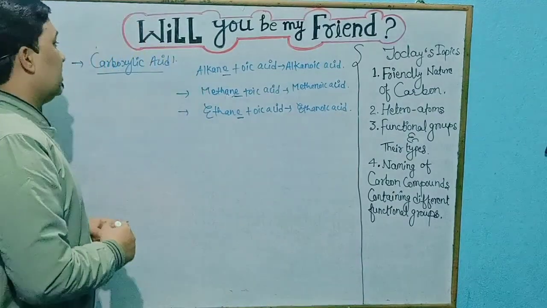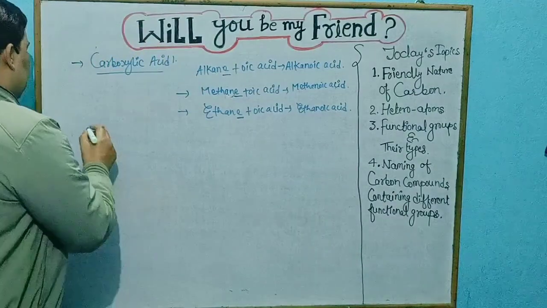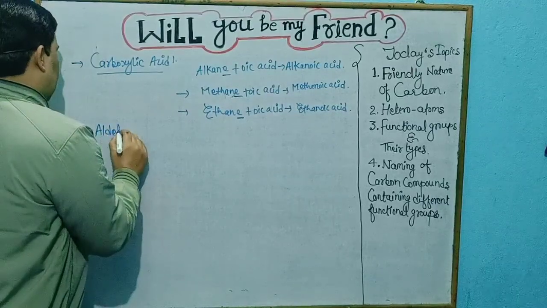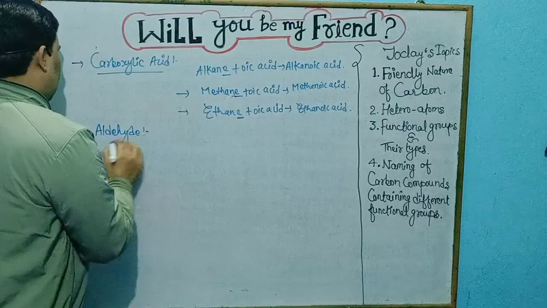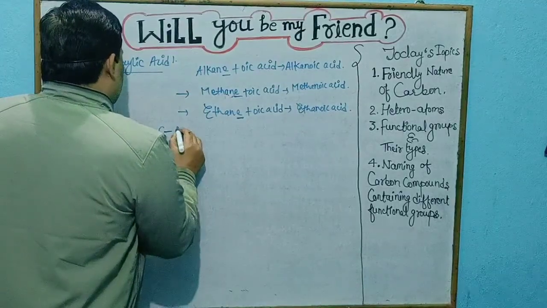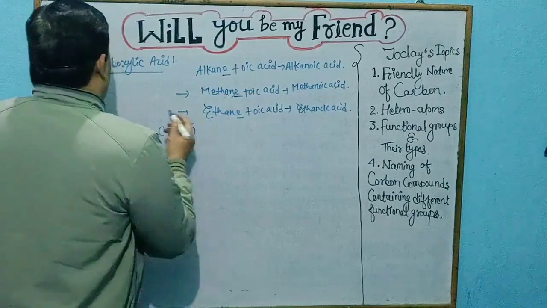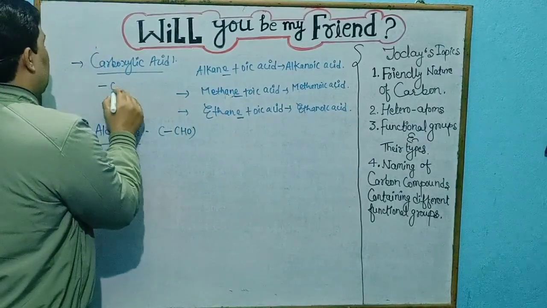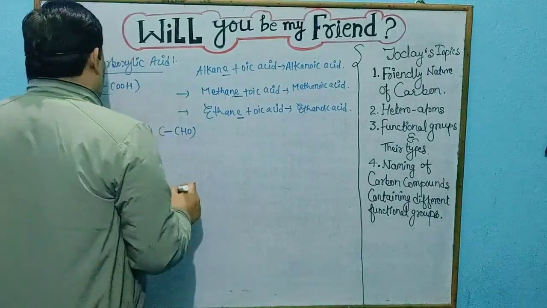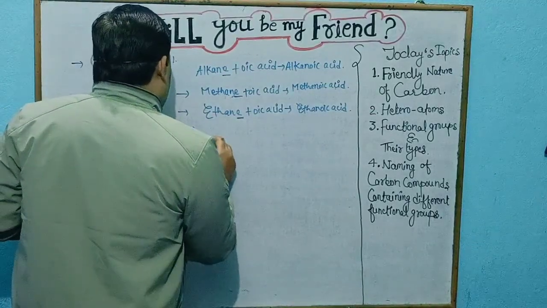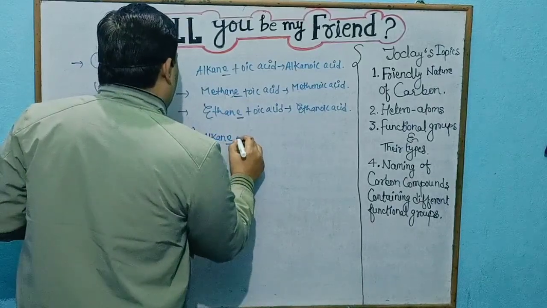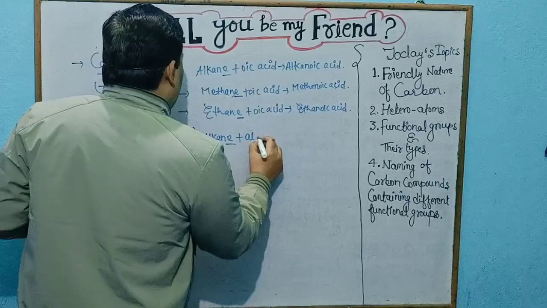Right? Now the next one is aldehyde. The functional group is CHO. In carboxylic acid, the functional group is COOH. So aldehydes are also named in a similar manner. We replace E of alkane and add AL to it.